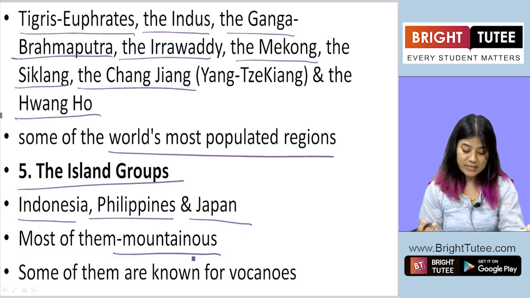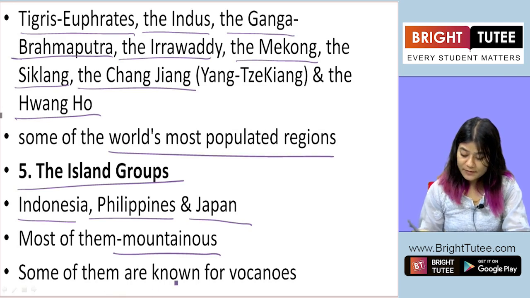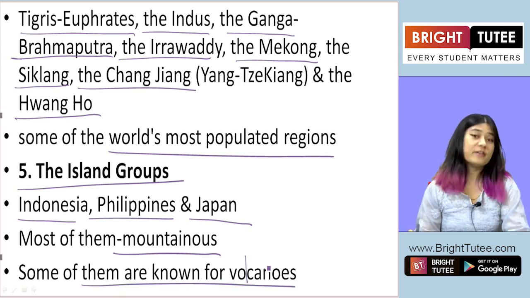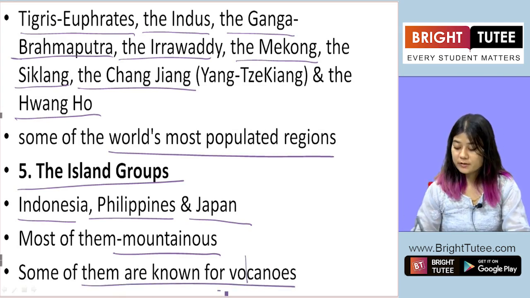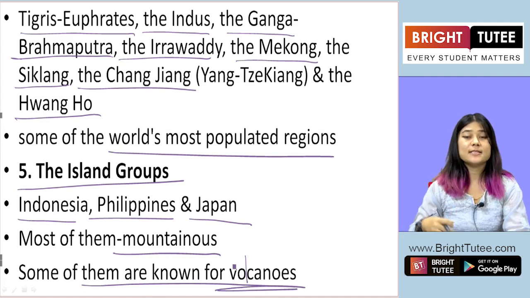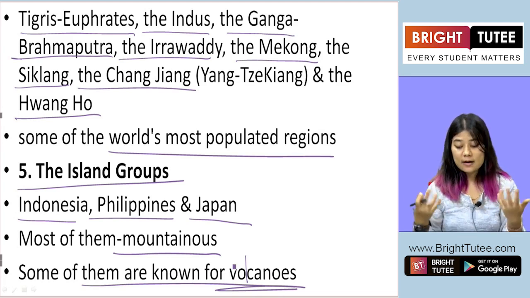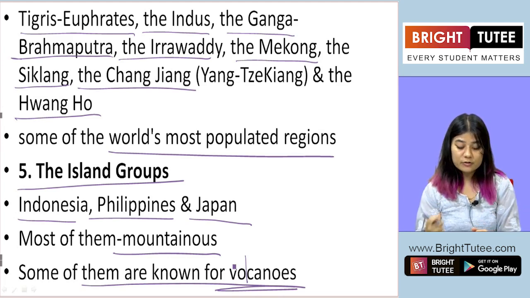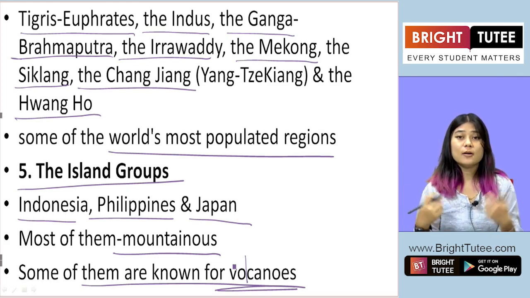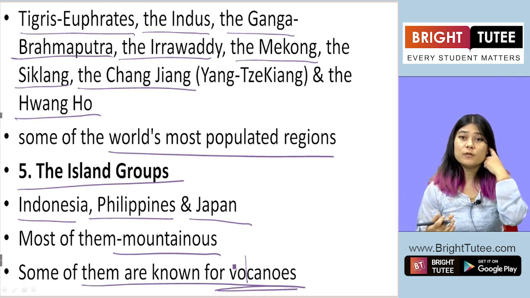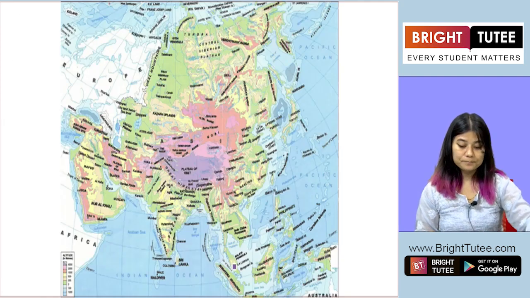They are mountainous, okay. And some of them are very well known for the volcanoes that are located in these island groups and that erupt in these mountain groups, okay. So they are very popular and they are commonly known for the volcanoes, okay.